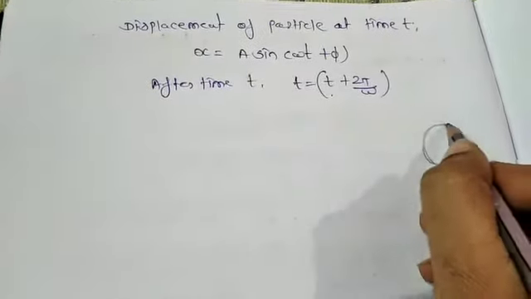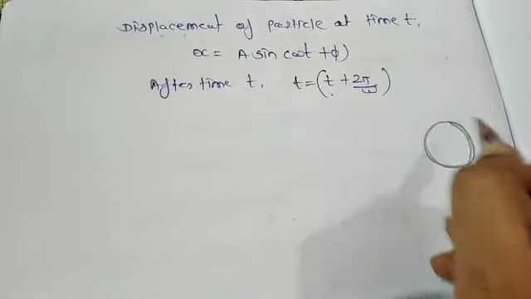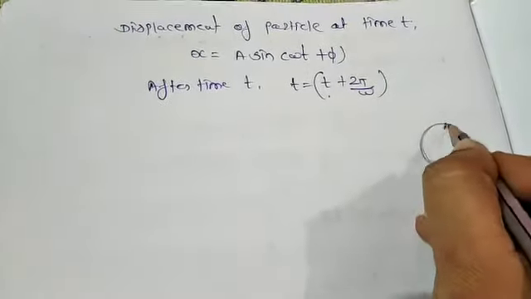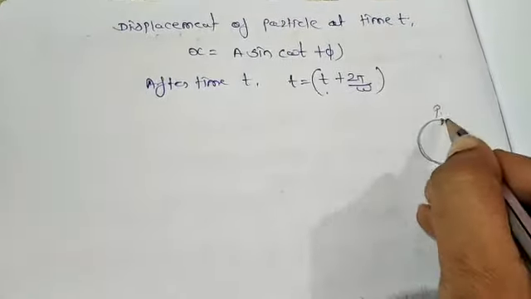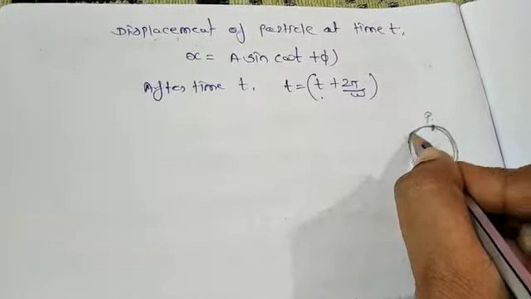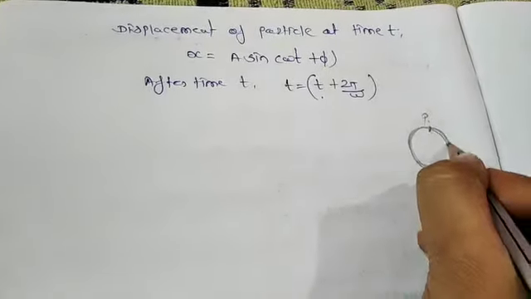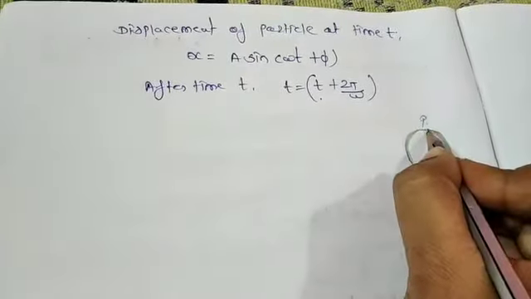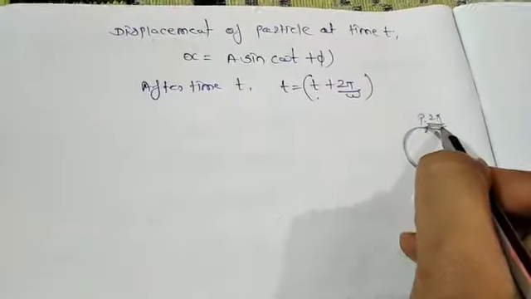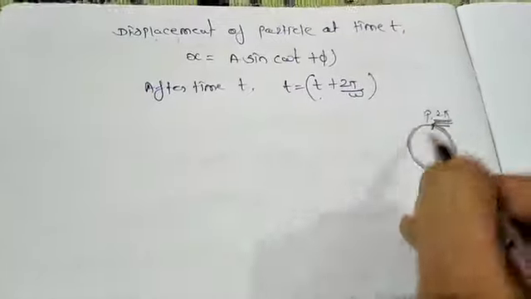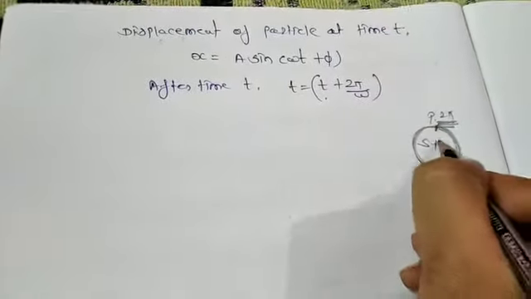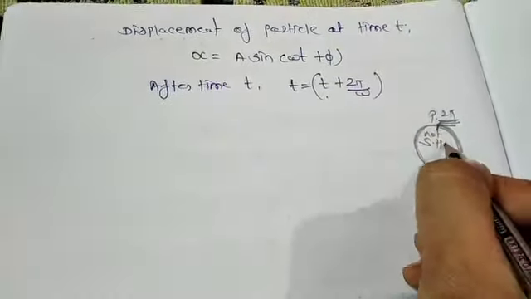We know it is not an SHM, but as far as the period is concerned, if the particle starts from this particular point, completes one complete revolution and again comes to point P, then it will complete 2 pi, right? So this is a periodic motion. It is not an SHM. It is clear, it is not an SHM.